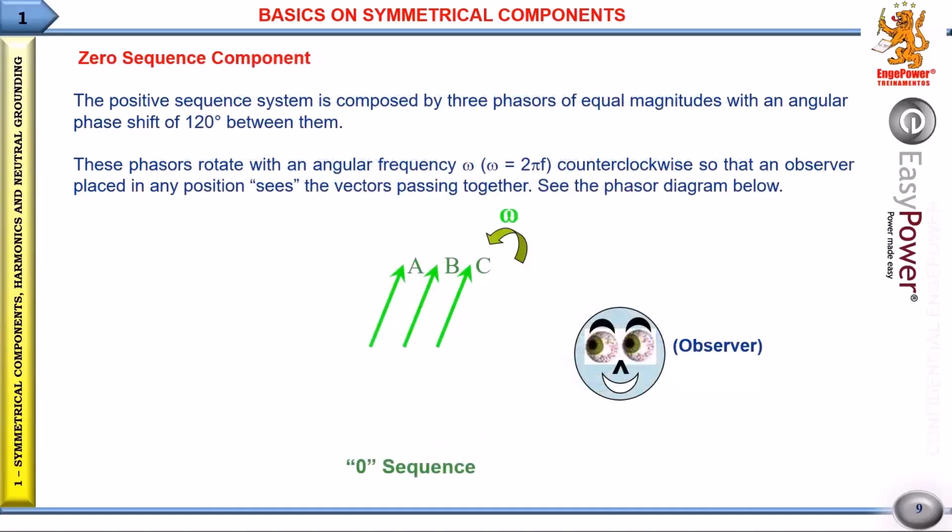Zero sequence component. Zero sequence components are formed by three equal magnitude phasors with the same phase shift angle. In other words, the phasors are in phase. The observer will see them just like one.